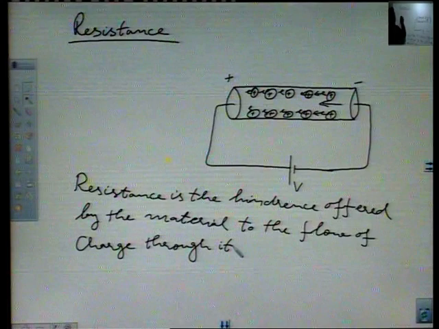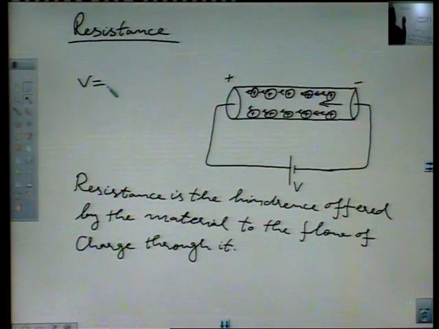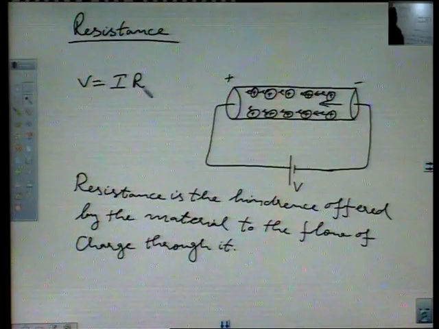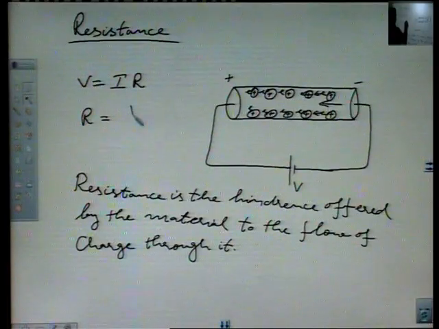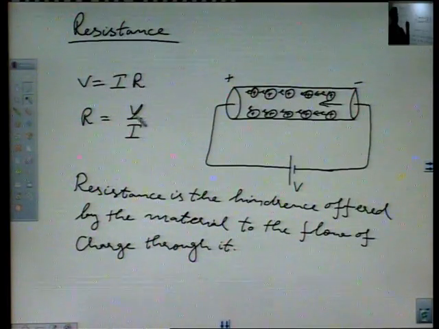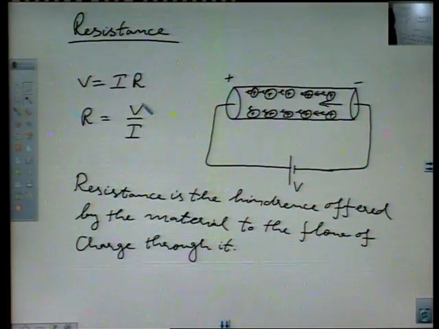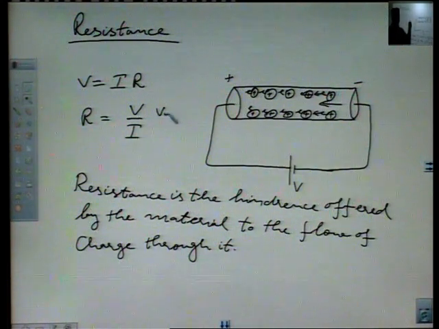In Ohm's law, we have written V is equal to I R, or from this equation you can write R is equal to V over I. So, units of potential difference are volts and units of current are amperes.